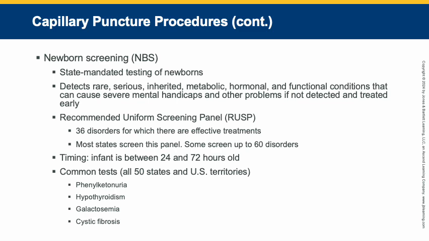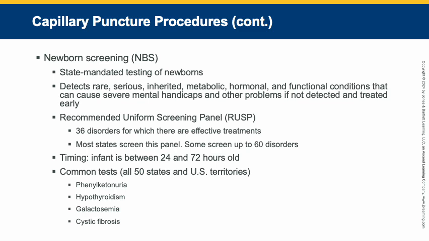The blood spot screening test checks for rare but serious genetic, inherited, metabolic, hormonal, and functional disorders or conditions that can cause severe mental handicaps or other serious problems if not detected and treated early. Some states also screen for infectious agents such as toxoplasma and HIV. The number and type of tests vary by state.